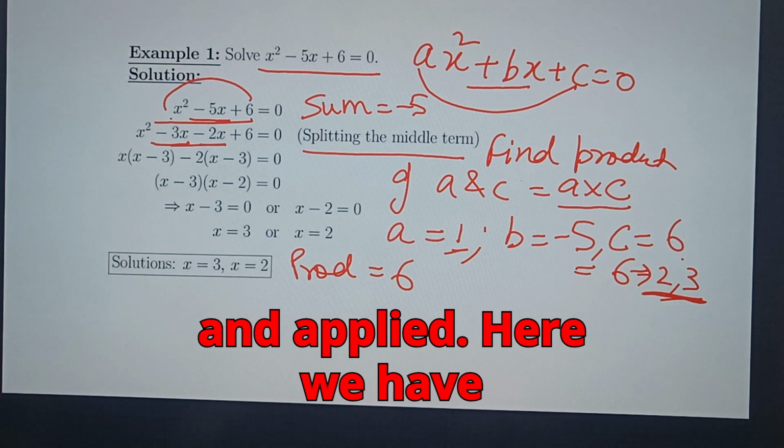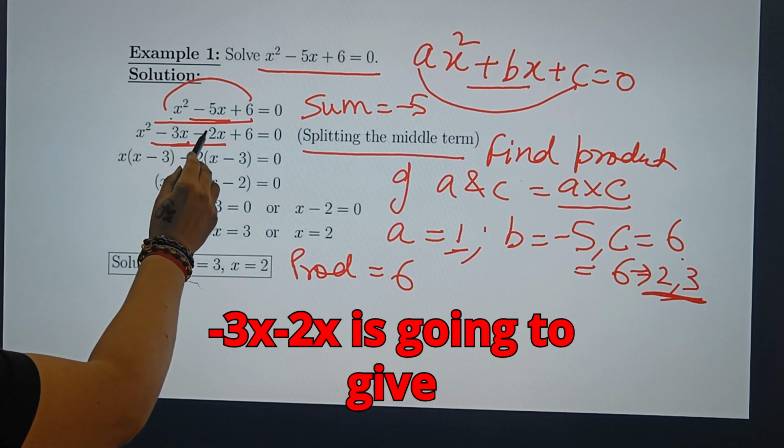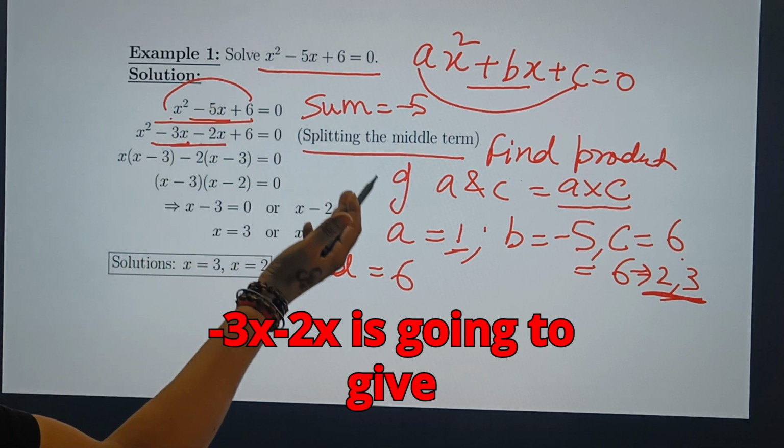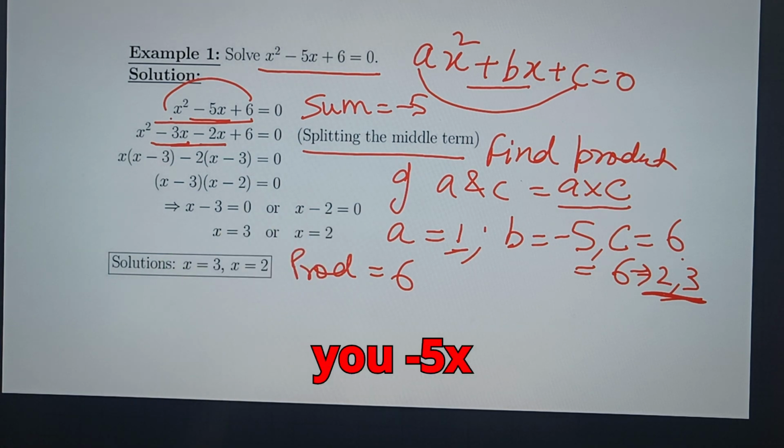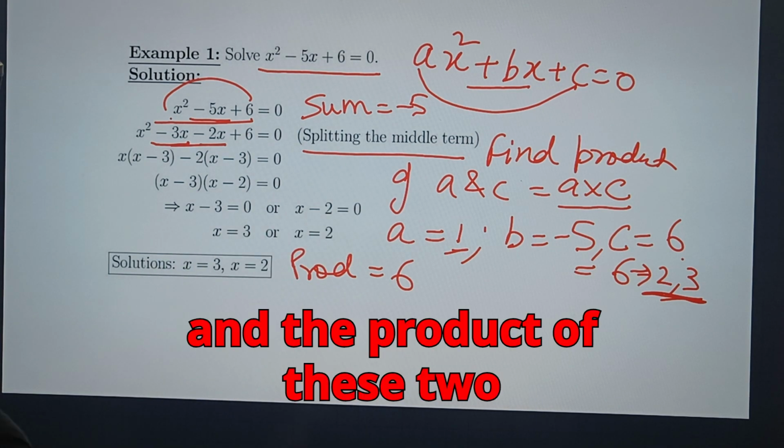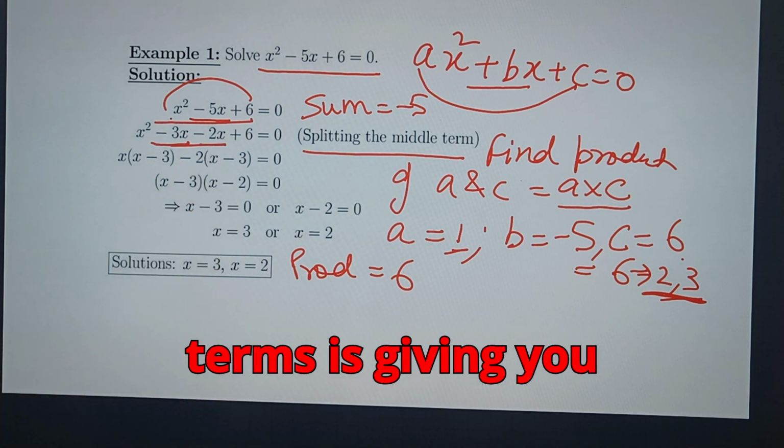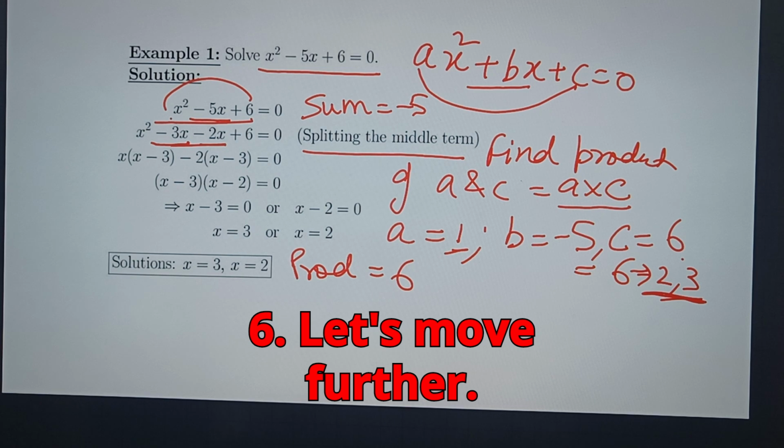Here minus 3x minus 2x gives you minus 5x, and the product of these two terms gives you 6.